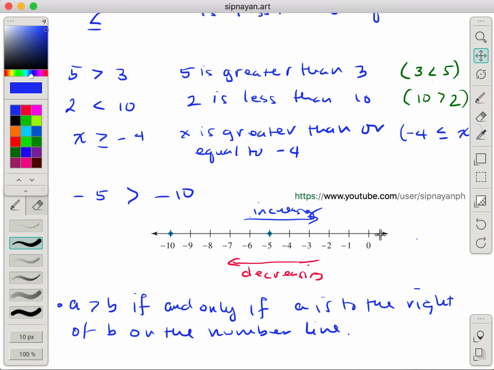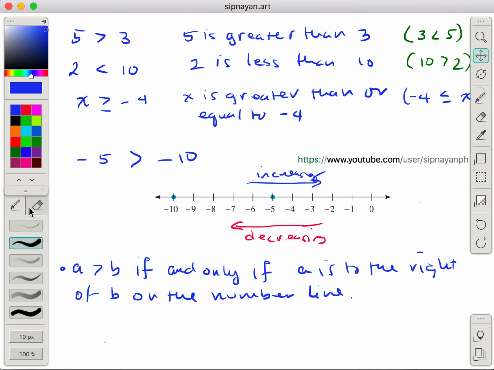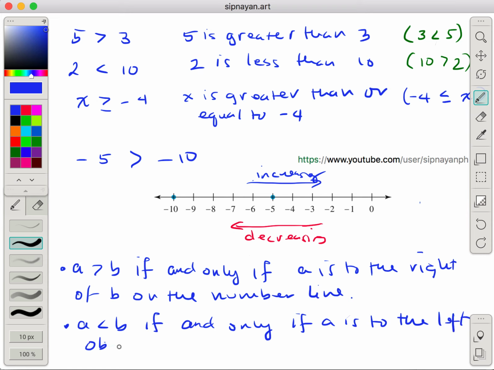On the other hand, we have A is less than B if and only if A is to the left of B on the number line.